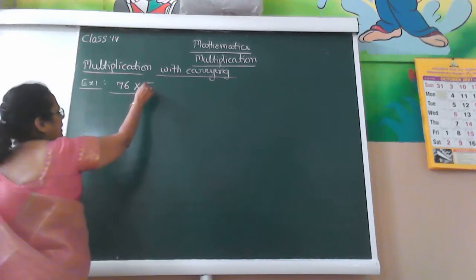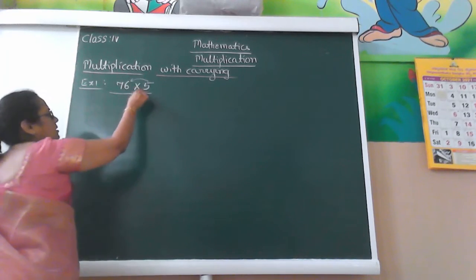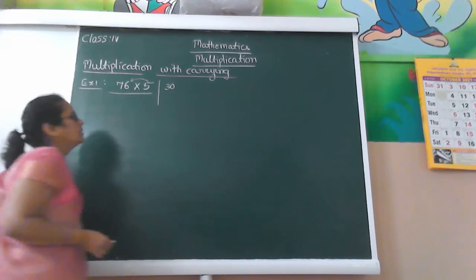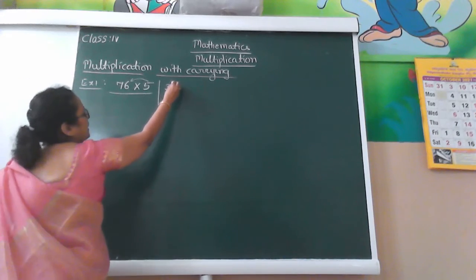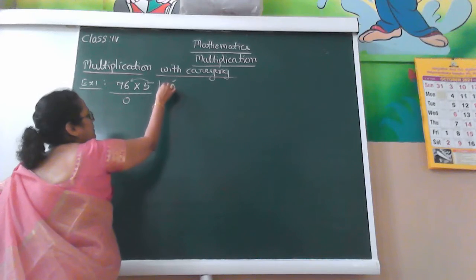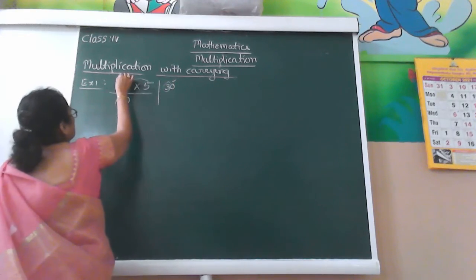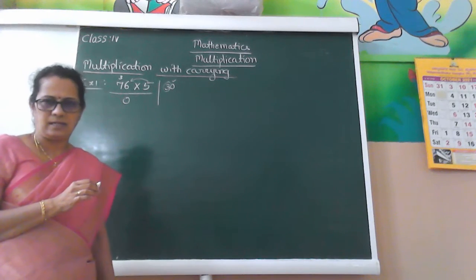So multiply 5 into 6 first. 5 sixes are 30, isn't it? So write this unit 0 here and this 3, which is in tens place, write above 7 as carry.